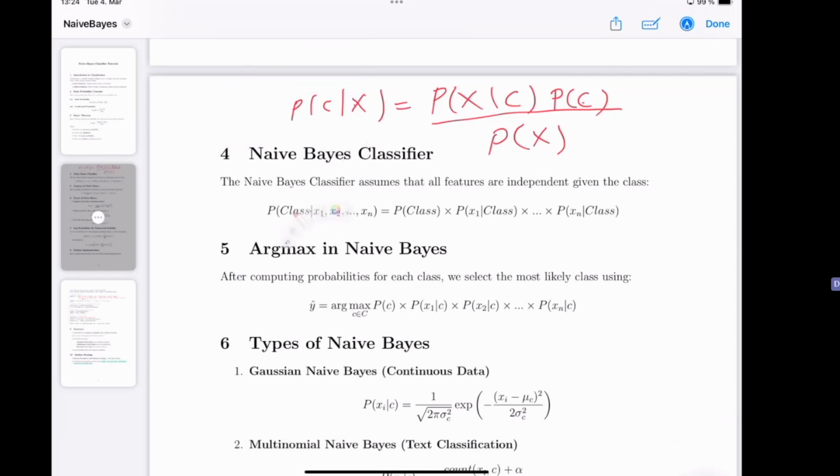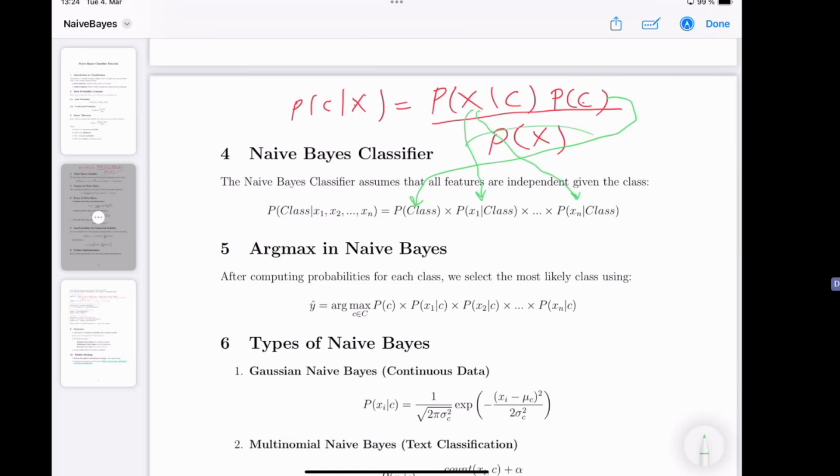But in the official definition, what do you see? You see the probability of the class. You see the probability of the characteristics of the subset given the class.